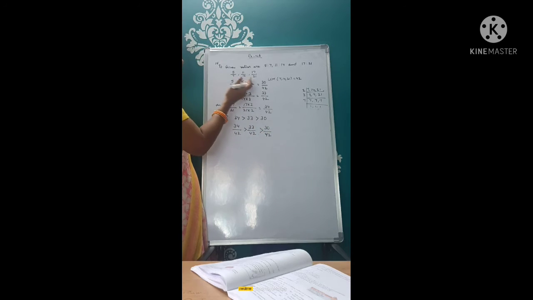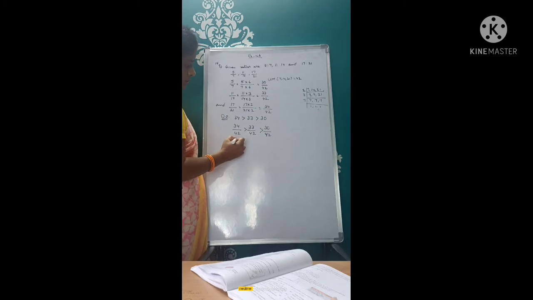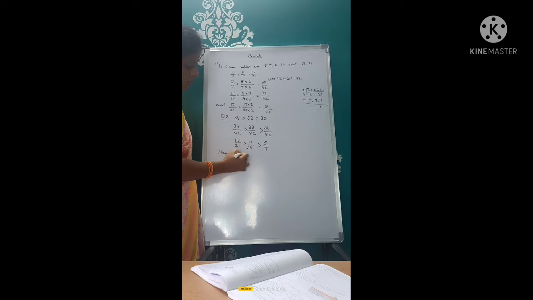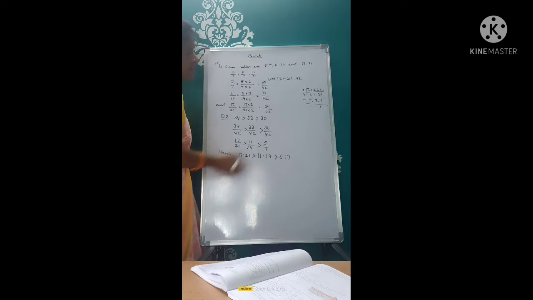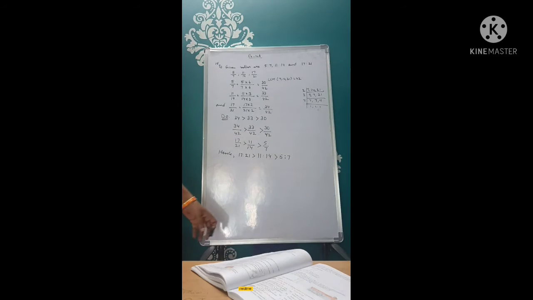So write down the original fractions. 17/21 is greater than 11/14 is greater than 5/7. Hence 17:21 is greater than 11:14 is greater than 5:7.